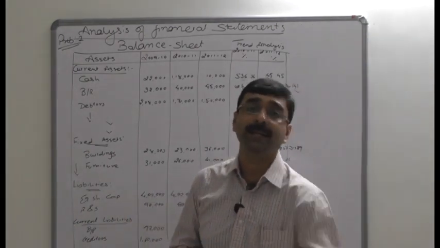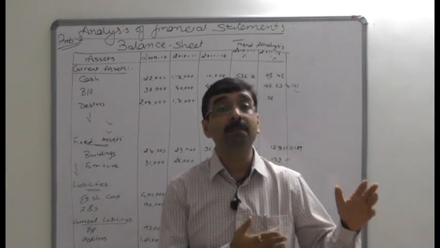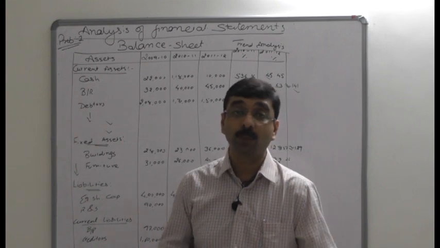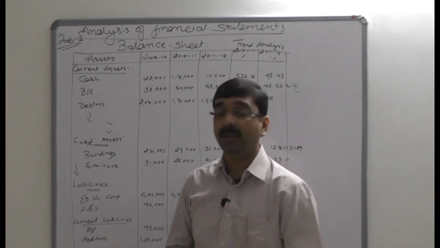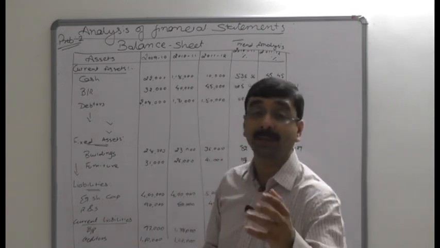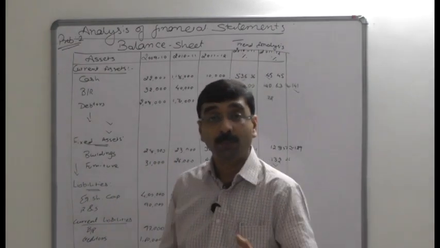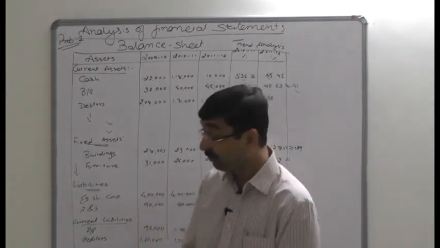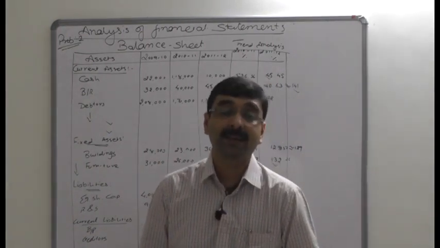We have 5 methods like comparative statements, trend analysis, cash flow, fund flow, and ratio analysis, and how these analytical methods are applied for the solution of analysis of financial statements. Here I am taking the first method, that is trend analysis.